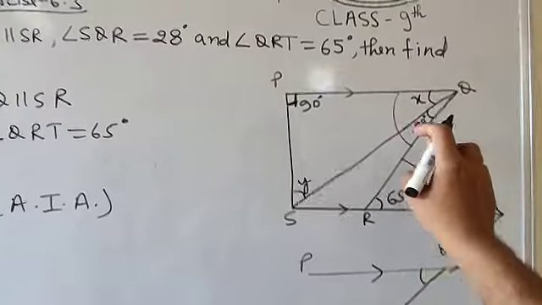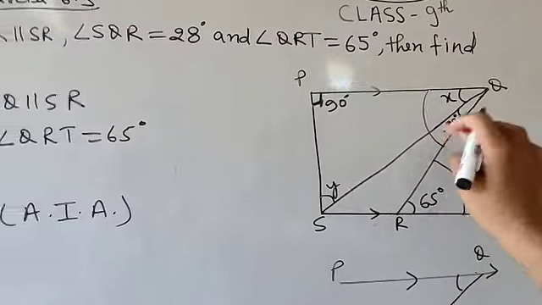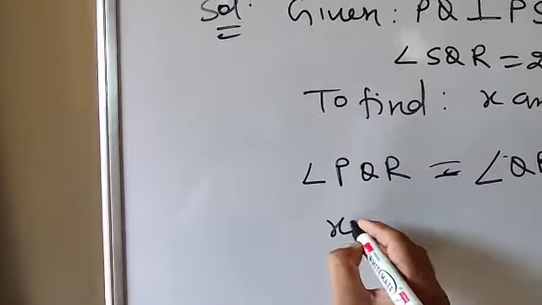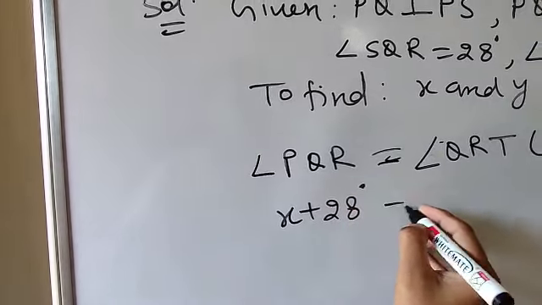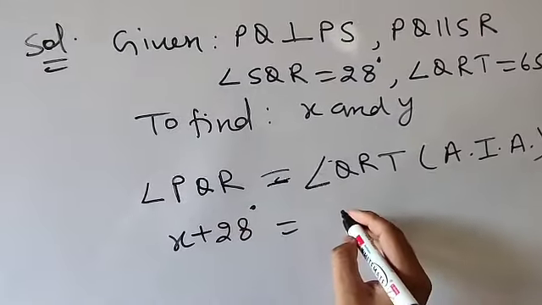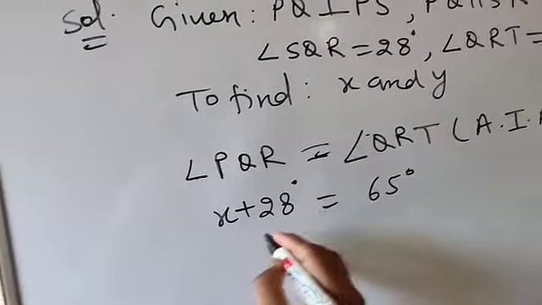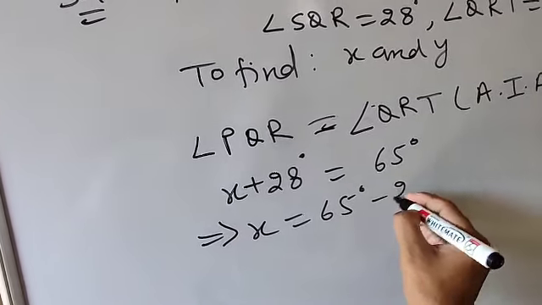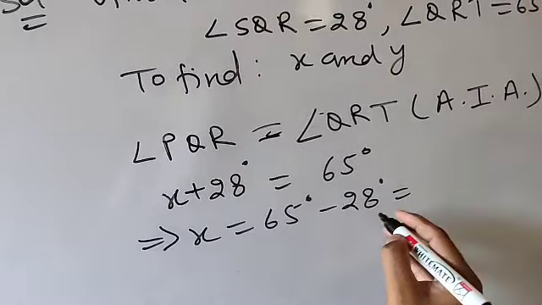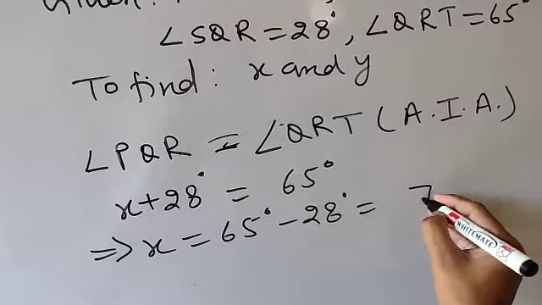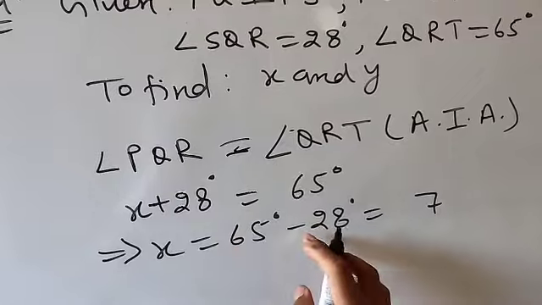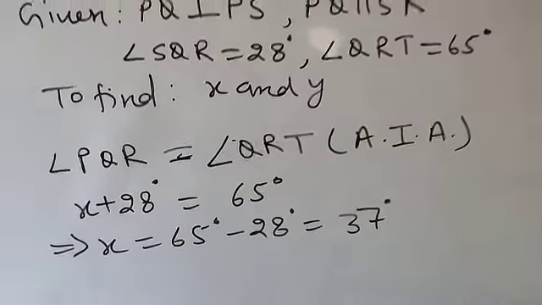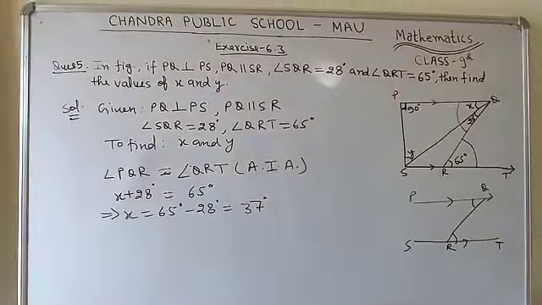Angle PQR equals X plus 28. So here we can write X plus 28 degrees equals angle QRT, which is given as 65 degrees. So X equals 65 degrees minus 28 degrees, which is 37 degrees. So the value of X is 37 degrees.